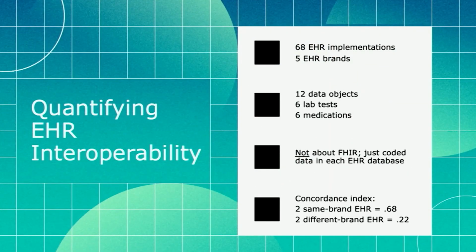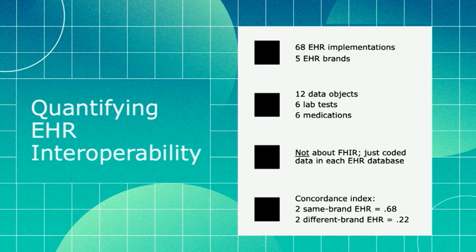A more dramatic example of why it's hard with EHRs and the differences in their databases. There was a paper that a group of a few oncologists and informaticians published last year in the Journal of the American Medical Informatics Association.